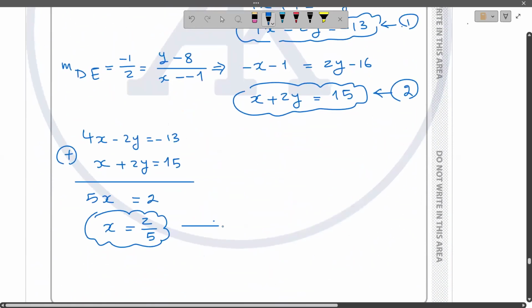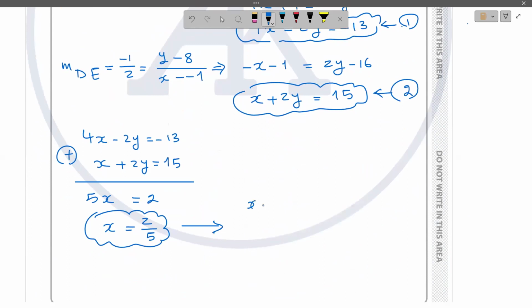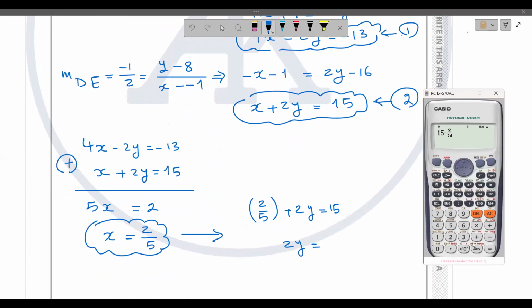And to get y, we can substitute into either of the two equations. We can say that x, which is 2 over 5, plus 2y equals 15. So 2y equals 15 minus 2 over 5.